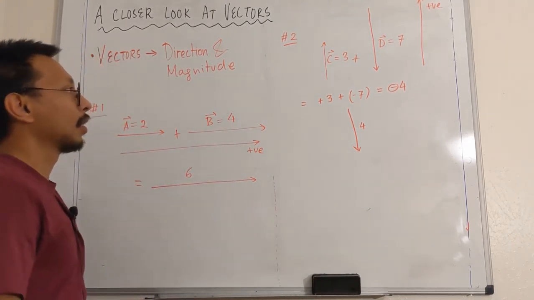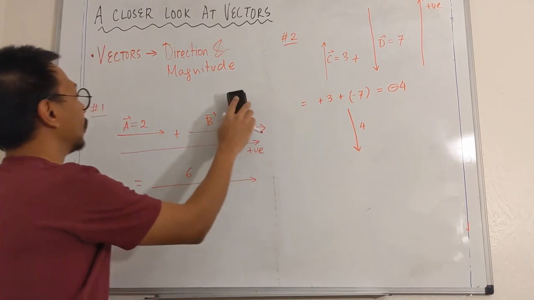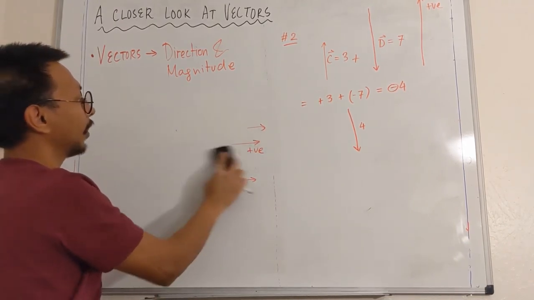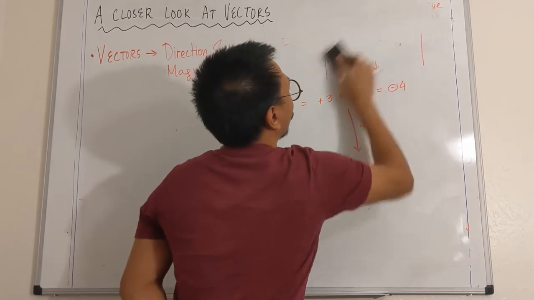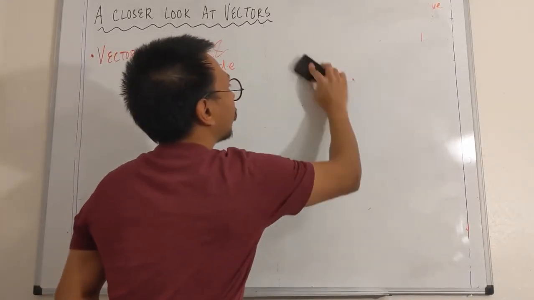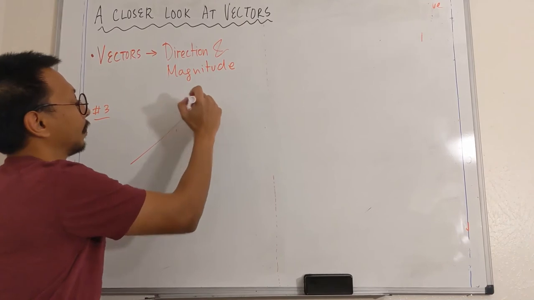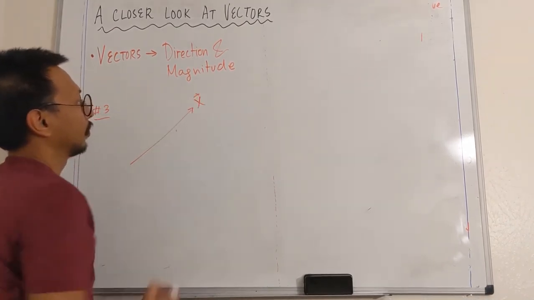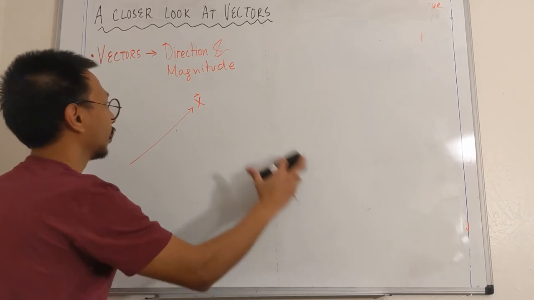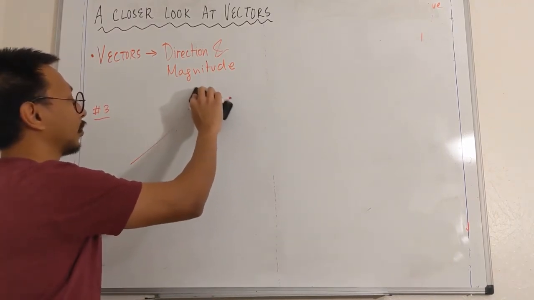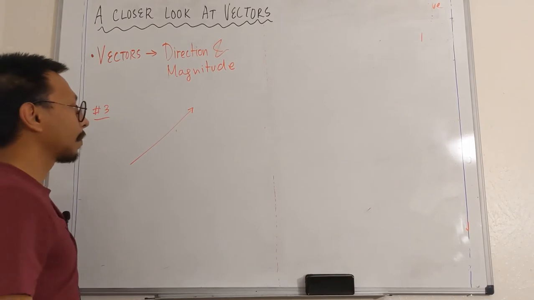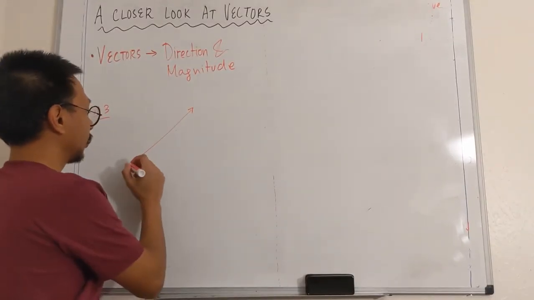Okay. Also, in addition to being horizontal or vertical, vectors can also be pointed at an angle. So vectors may look like this.